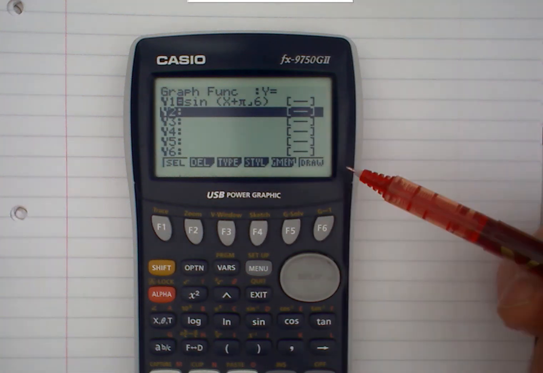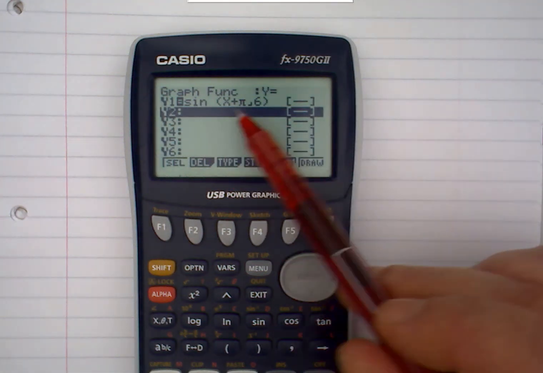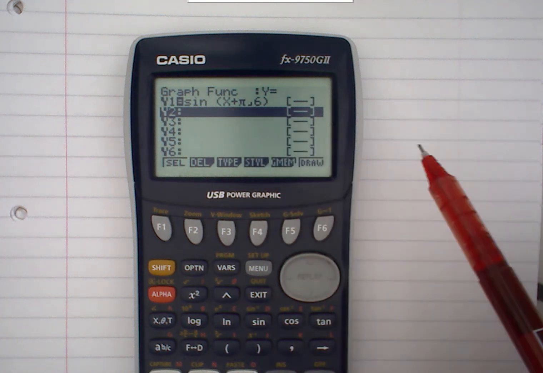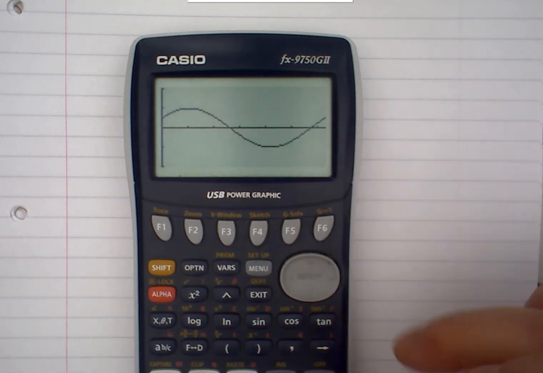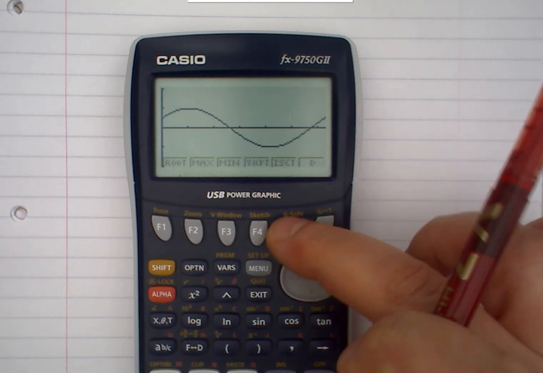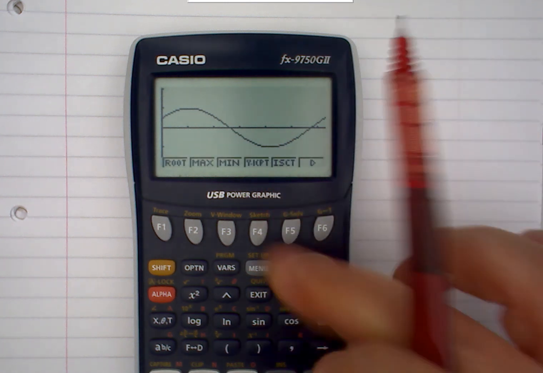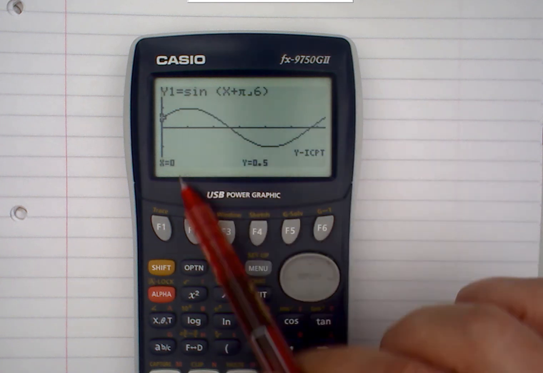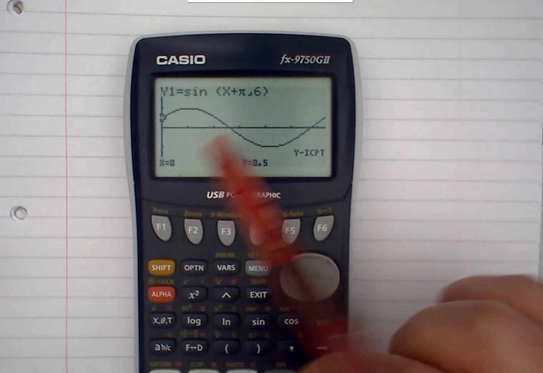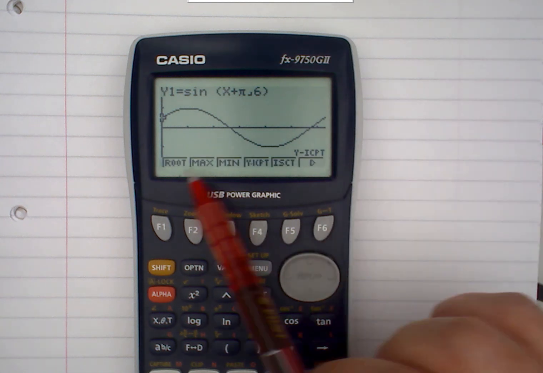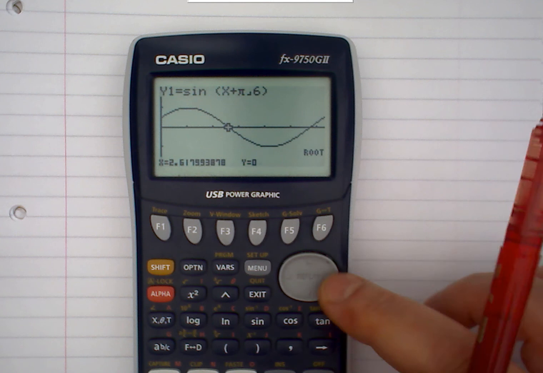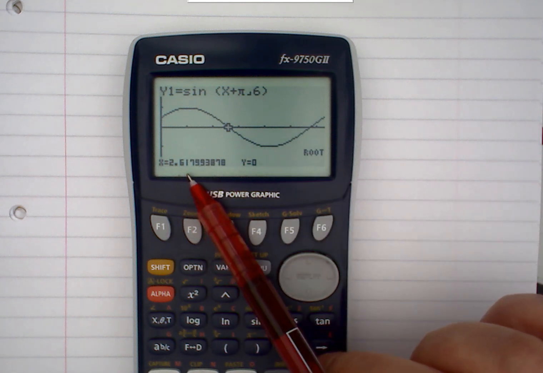Now quickly, what I did here was I've put it into my graphics calculator, sine of x plus pi by 6. And I've sketched it here, and I can see what the y-intercept is. If I go to the y-intercept, I'm going to get a half, which is as we predicted. And if I want to find the x-coordinates, I go to gsolve, and I want roots, so I press roots, and I go along here, and I get 2.617.